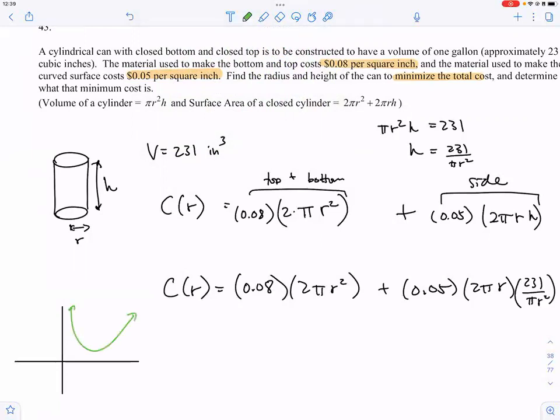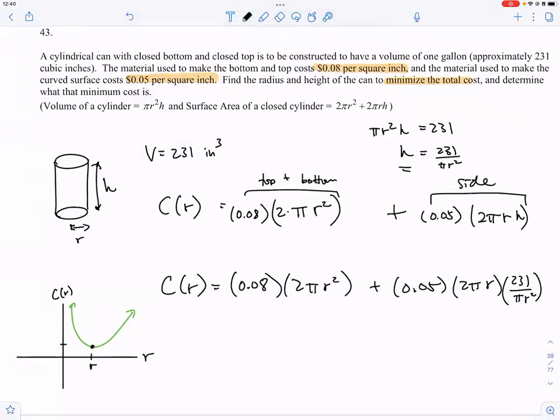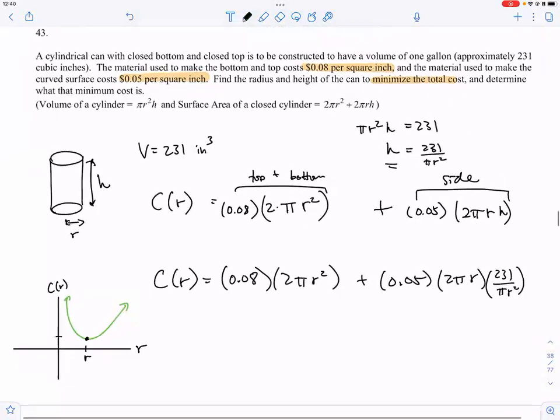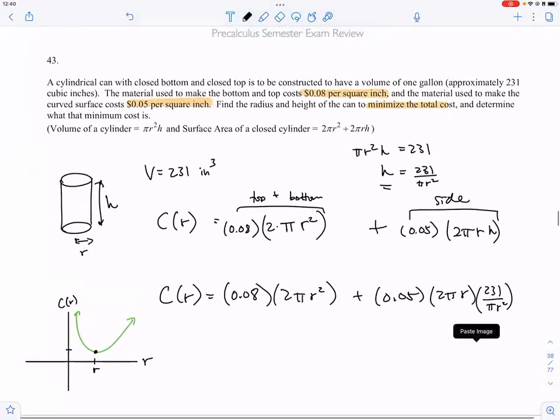Okay, and then this is the cost based on the radius. So you find out what the radius is, you find out what the cost is right there. And once you know the radius, you can find out what the height is. So the remaining is just a bunch of calculator manipulation. Okay, interpreting the values.